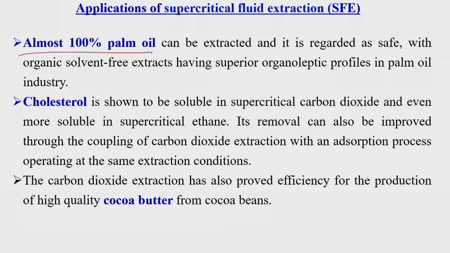Then cholesterol is shown to be soluble in supercritical carbon dioxide and even more soluble in supercritical ethane also. Its removal can also be improved through the coupling of carbon dioxide extraction with an adsorption process operating at the same extraction condition. Then carbon dioxide extraction in the supercritical mode has also proved efficient for the production of high quality cocoa butter from cocoa beans.